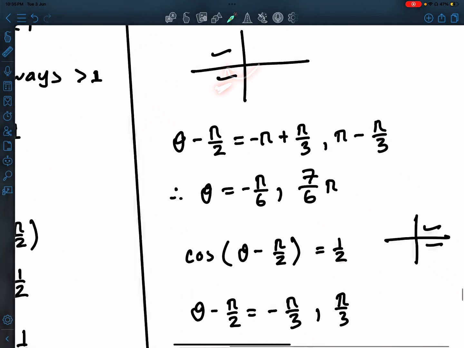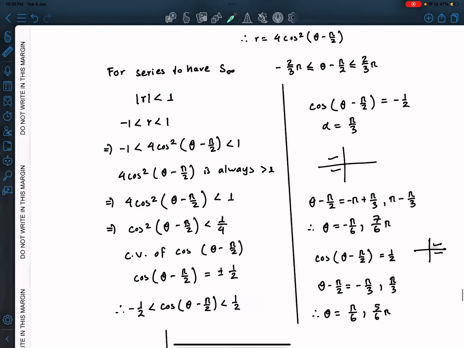So the second quadrant of the negative value would be minus pi plus pi by 3. And once we take a look at the positive part, we find pi minus pi by 3. This happens because in quadrants 2 and 3, cosine of theta is negative. So the second and third quadrants are the quadrants where cosine theta is negative.